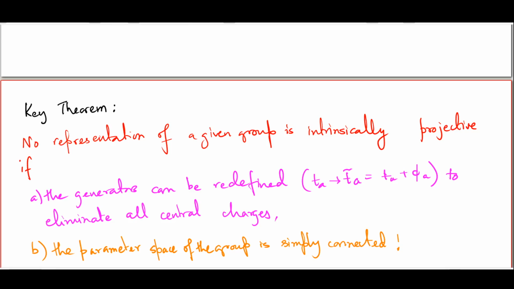So this is a purely topological issue, and it deals with the question of what the fundamental group or the first homotopy group of the corresponding parameter space is. Now, instead of saying the parameter space of the group is simply connected, we usually say the group is simply connected. Now, it so happens that some of our very important and familiar groups have parameter spaces which are not simply connected.